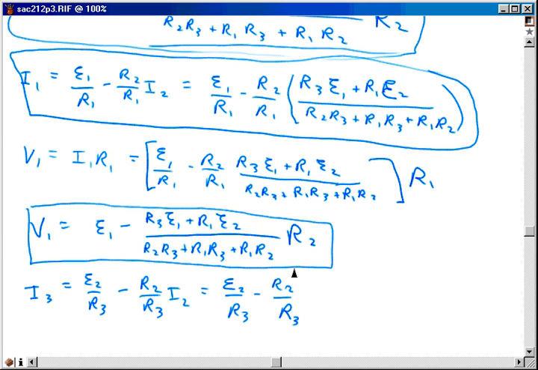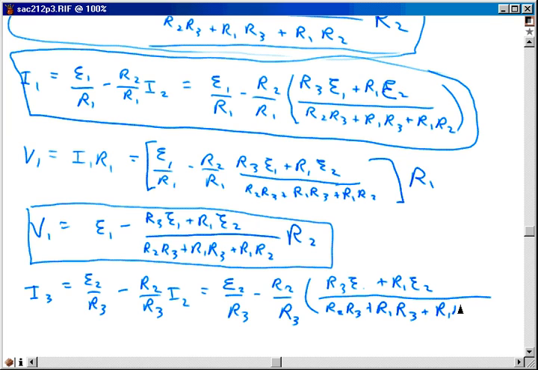Just used it, so I'll copy it down from there where I can see it. That's our answer for I3.